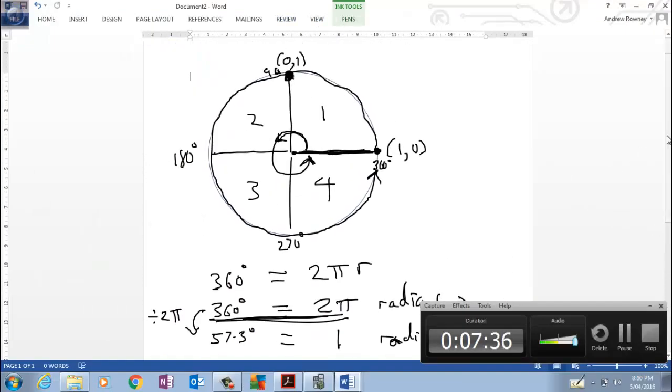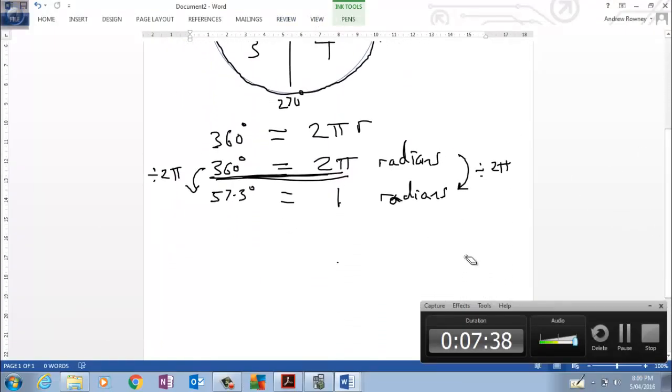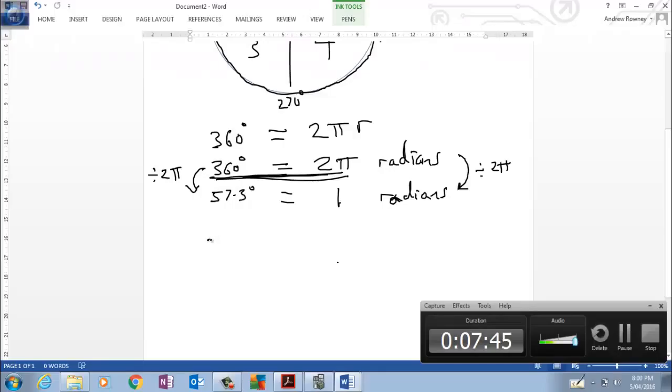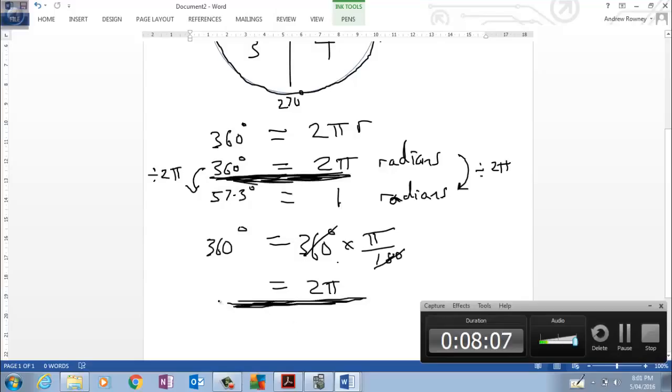Using that conversion chart, we can do this another way. We can start off with 360 degrees, and we're going to multiply by pi on 180. Now 360 divided by 180 is equal to 2, so we end up with 2 pi, and that's exactly what we got up here, and we're getting the same answer.